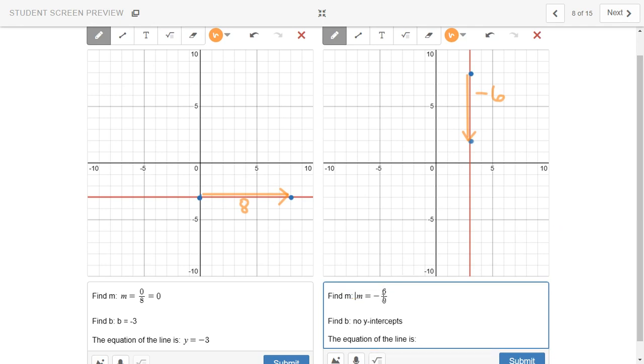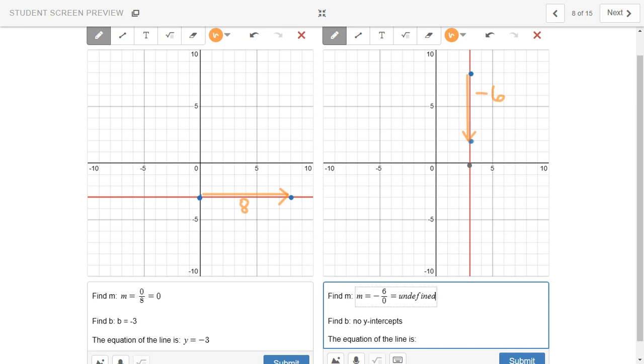Now remember when we talked about anything divided by 0? Your calculator will tell you that it's a math error or that it's undefined. And so in this case, there is no such thing as a slope. There is no y-intercept.